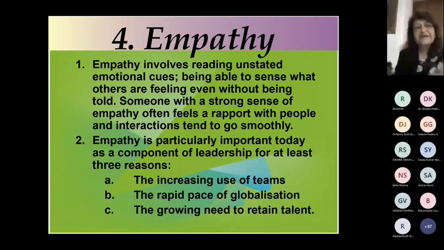But the people who don't take time out for you, who just say, "Yes, no, this is there, that is there," they don't build customers. They don't build permanent relationships. So we need to empathize. Why? Because we are dealing with teams, and we are in an organization where there are a lot of people.